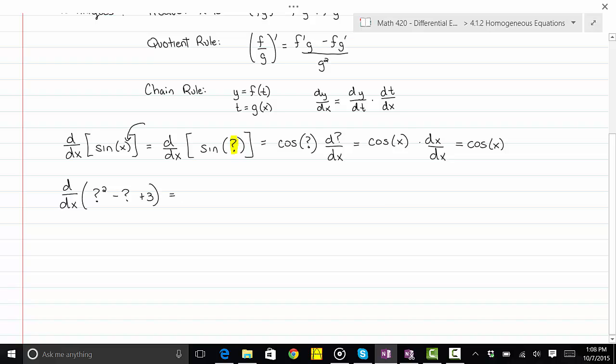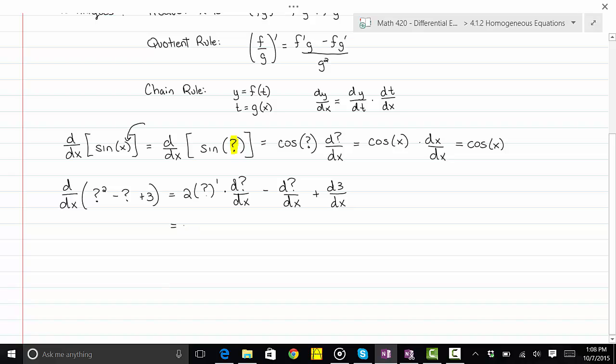If I consider this as a chain rule, it's going to be 2 times that something to the first power, and then you have to hop inside and take the derivative of that something with respect to x, minus the derivative of that something with respect to x, plus the derivative of 3 with respect to x. Of course, the derivative of a constant is 0, but I'm being sort of long-winded here.